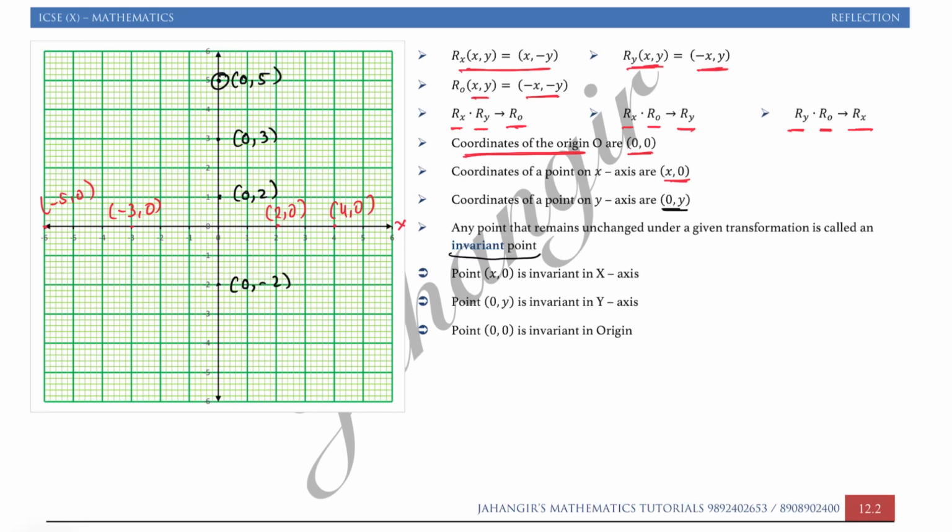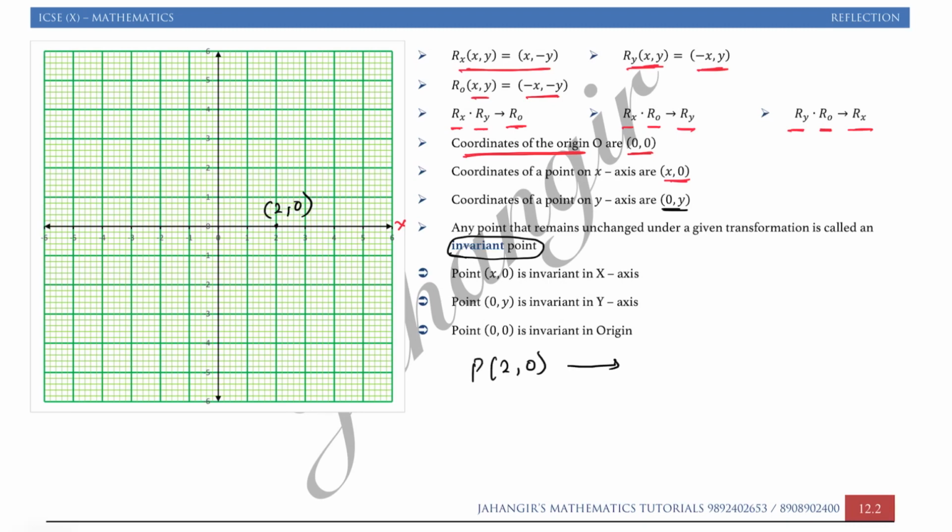Now invariant point, this is an important word. Invariant point means when a point does not change its position under the given transformation, it is called an invariant point. See, now I will take one example. Let me take a point 2 comma 0.